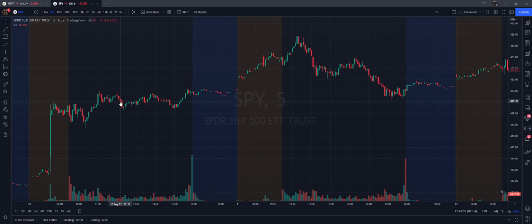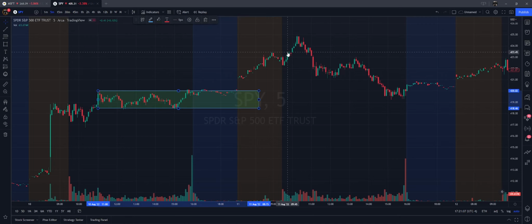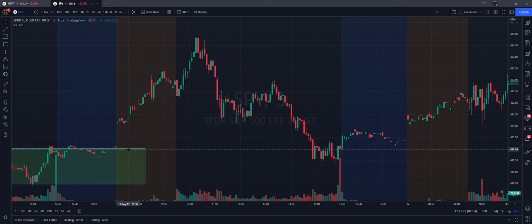We see that people agree that the price of SPY will be in this box right here, and then they start leaving the range. When they leave the range, we find a demand zone as a gap up over here.